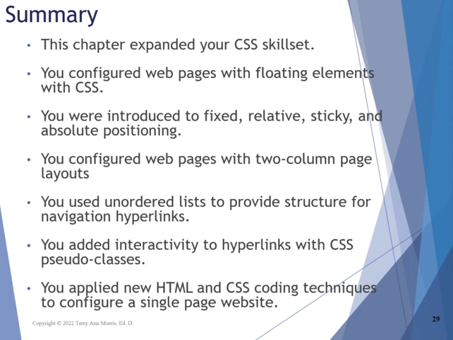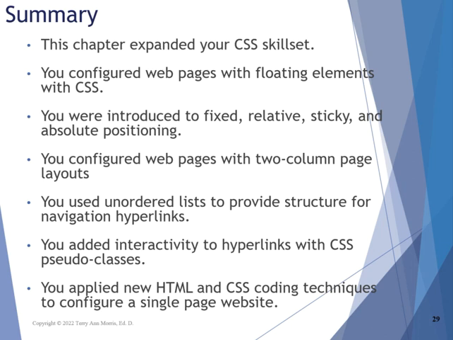Chapter 7 Summary. In this 7th chapter, we examine page layout basics, taken from our main topic, Basics of Web Design. This chapter expanded your CSS skill set. You configured web pages with floating elements with CSS. You were introduced to fixed, relative, sticky, and absolute positioning.